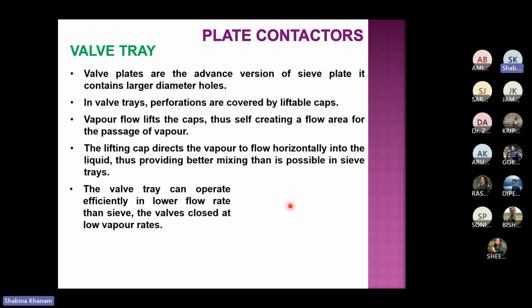So far we have covered only three or four slides, but this explanation is required for you to understand the exact working of each type of tray. So the valve tray basically has liftable caps. The flow lifts the caps and thus creates a flow area for passage of the vapor.